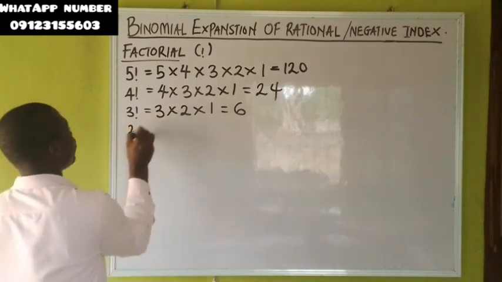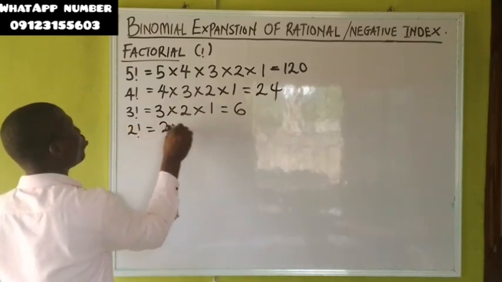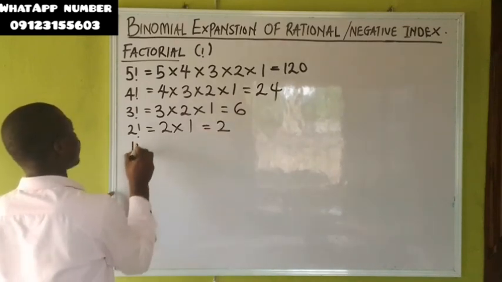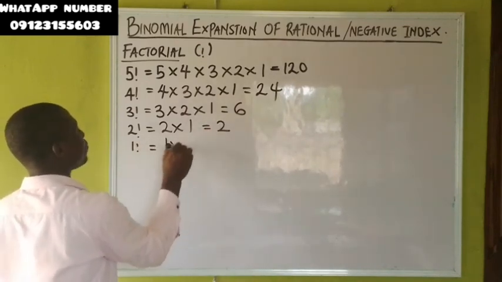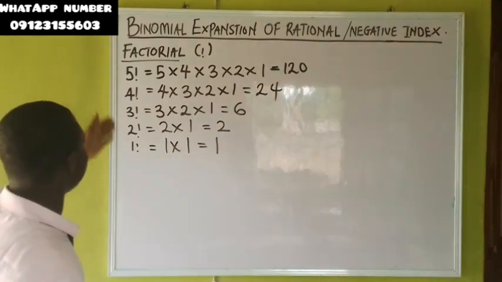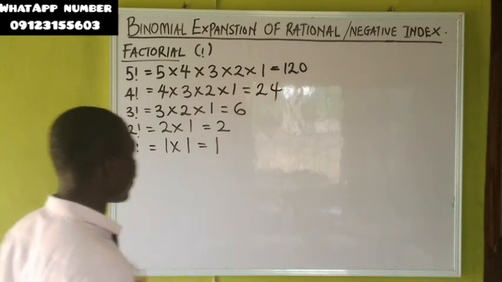If I have 2 factorial, it means 2 times 1, which is 2. If I have 1 factorial, obviously 1 times 1, which is 1. So here is the idea of factorial.